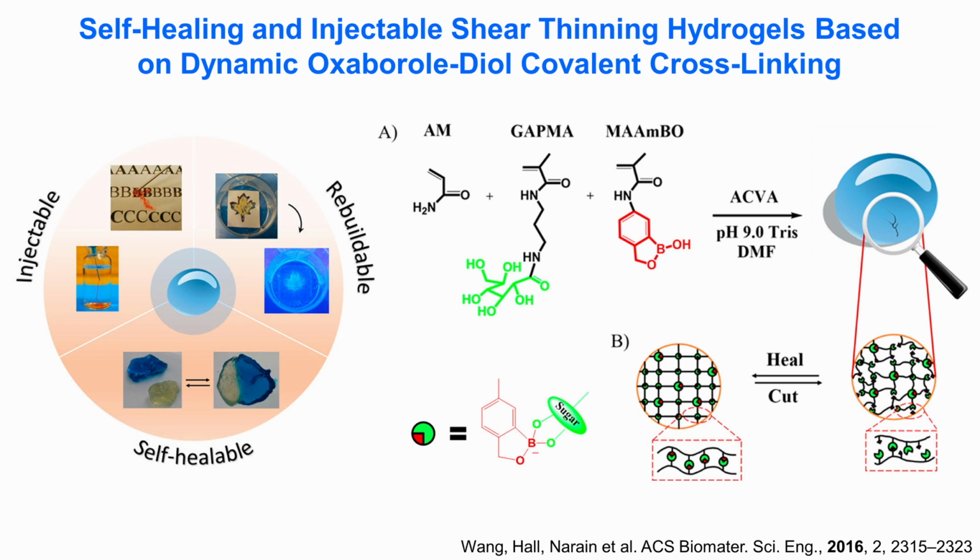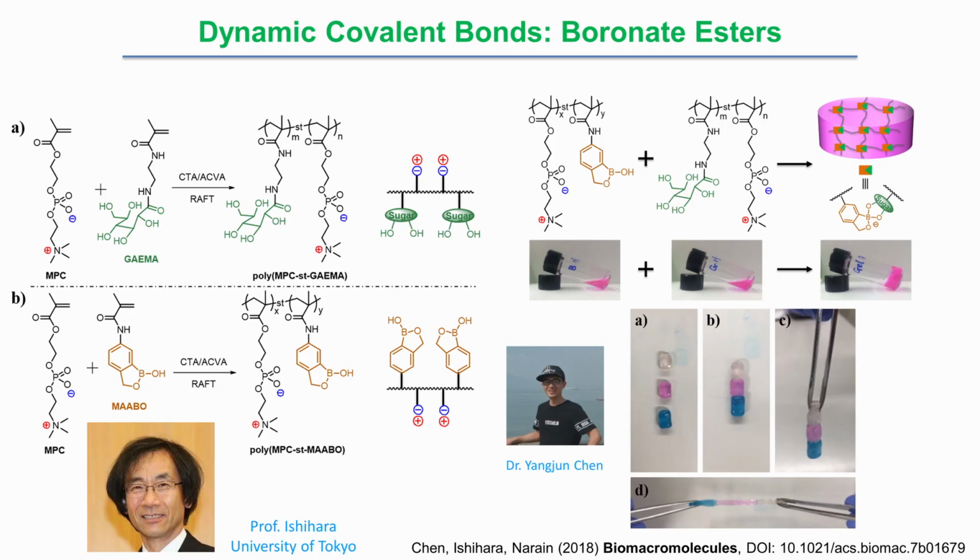Before, we worked on very simple sugars, like open-ring gluconolactone, and we can quickly make these gels. What is interesting about these gels is they are pH responsive, redox responsive, and sugar responsive. This is one example we reported in the literature. In combination with Professor Ishihara from the University of Tokyo, we designed a different approach.